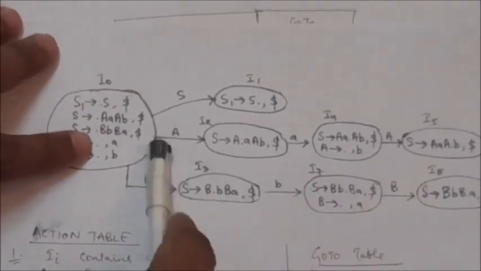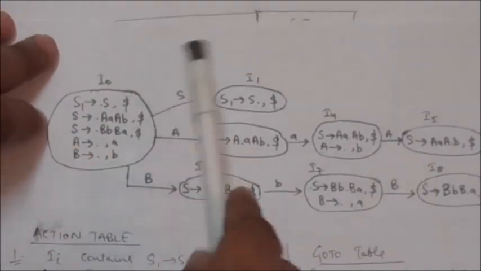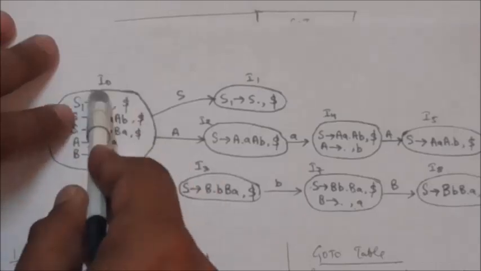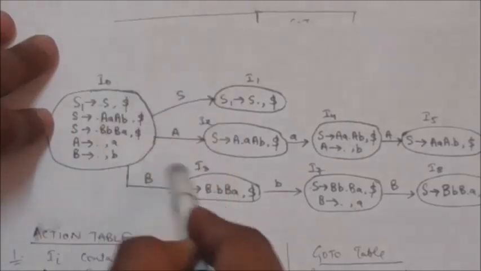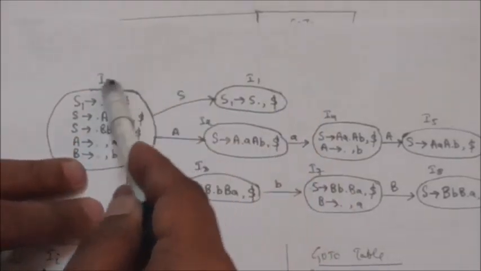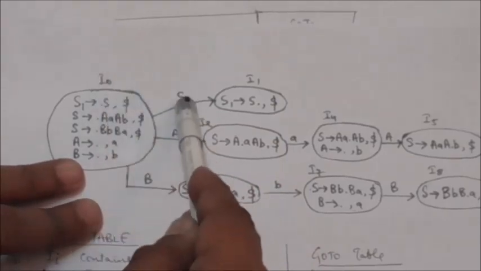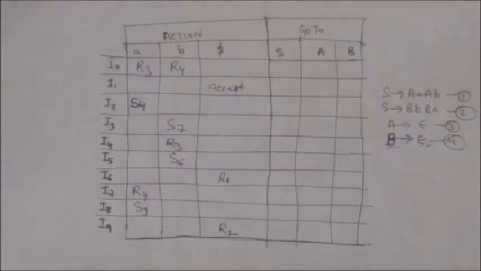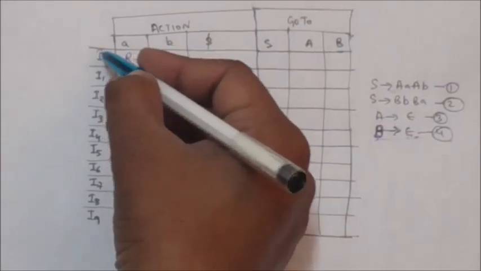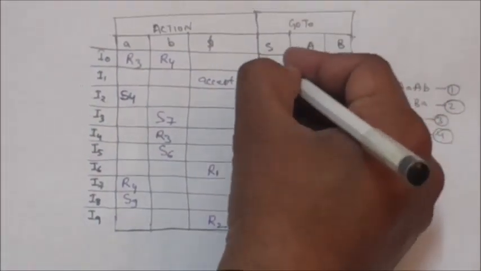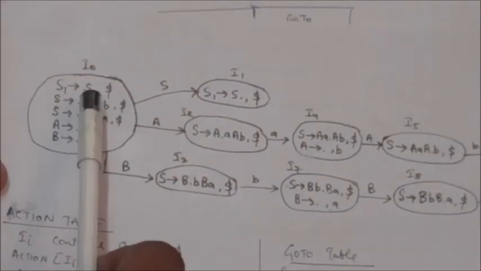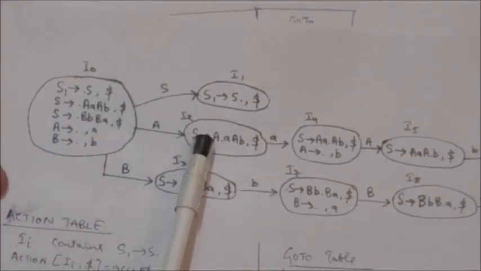Now here you can see for this non-terminal S, there is a transition in the DFA from state I0 to state I1. So in the Goto table at the row labeled by I0 and column labeled by S, I will write 1. Similarly, you can see for non-terminal A, there is a transition from I0 to I2.